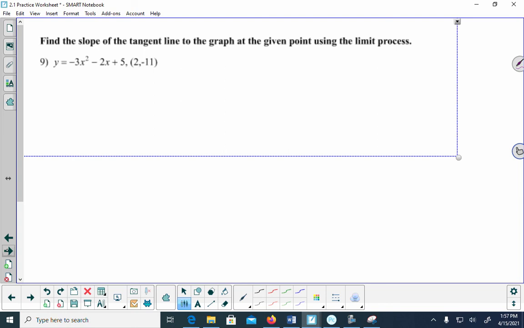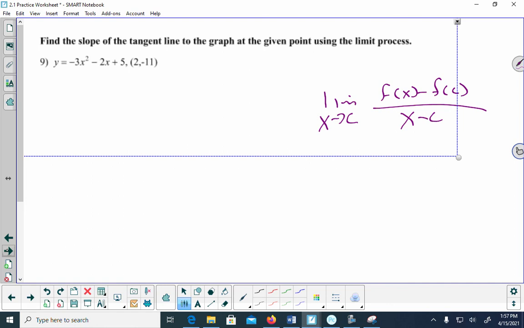So I'm going to do this one using the alternate form of the derivative. And if you don't remember what that is, that's when you take the limit as x approaches c of f of x minus f of c all over x minus c. So you can't do direct substitution at first because you'd have the 0, but you can simplify that.